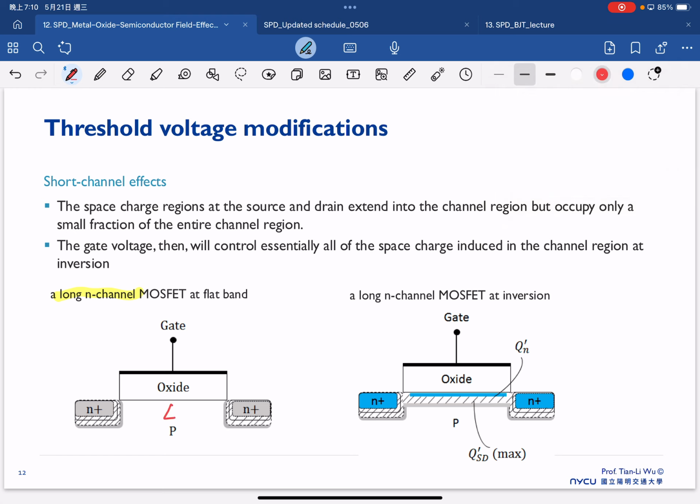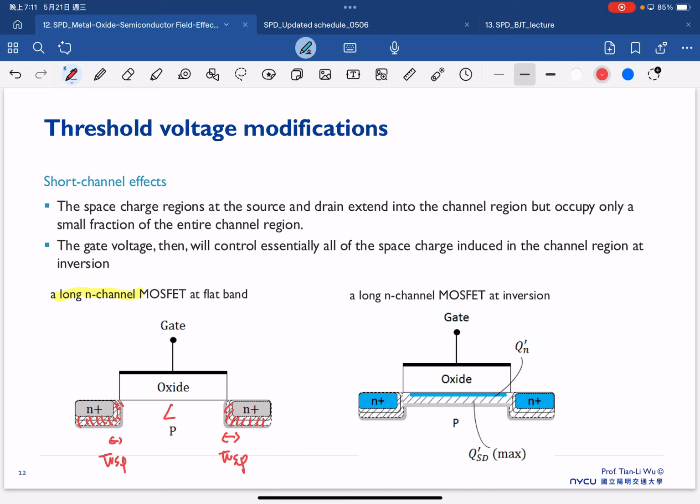So imagine this is a long channel MOSFET, and our L is relatively large. This is a condition under the flat band condition, so we don't provide too high a bias. Then there's already the formation of the depletion region from the source to the substrate and also the drain to the substrate, shown here.